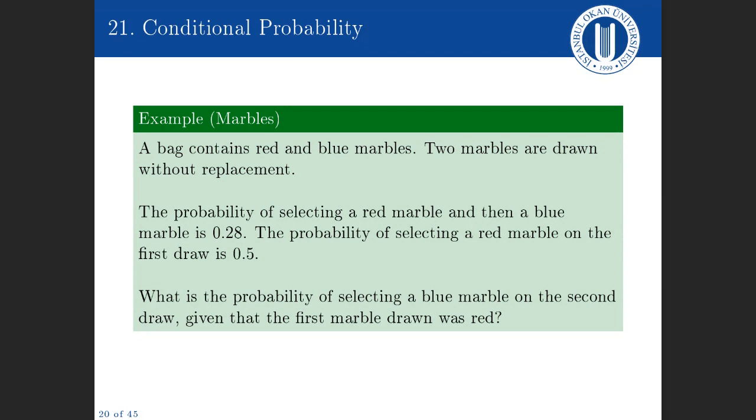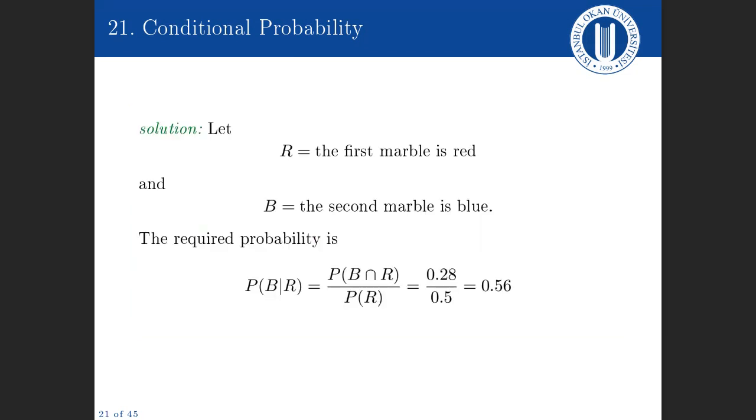Let's change this into maths. We need two events. The event R will be that the first marble we take out of the bag is red. Event B is going to be the event that the second marble we take out of the bag is blue.